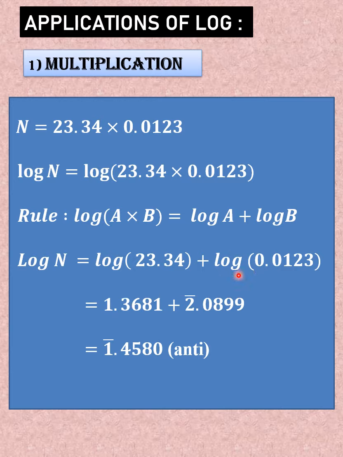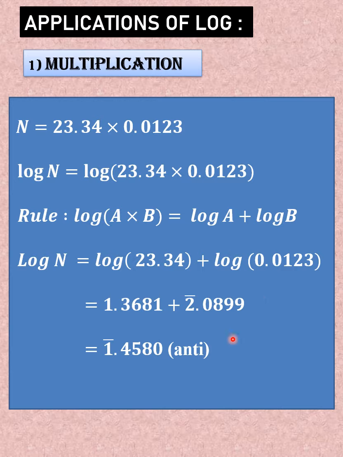In a similar manner, you have to obtain the characteristic of the number which is less than 1. You know the formula: count the zeros between the decimal point and the first non-zero digit. How many zeros are there? One zero. Then again add 1 to it and give a minus sign. So bar 2 becomes the characteristic of the given number.